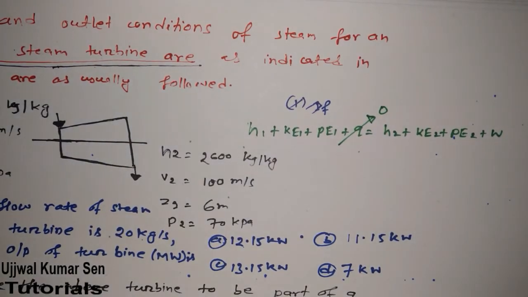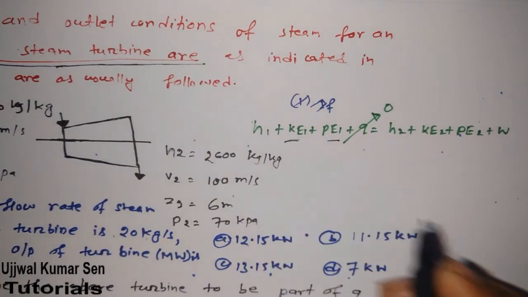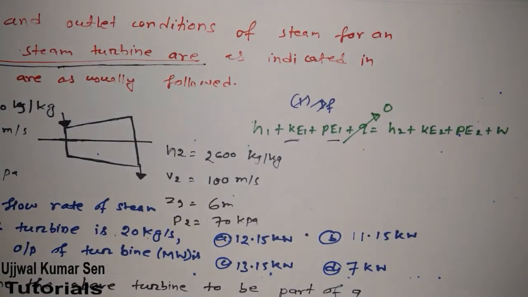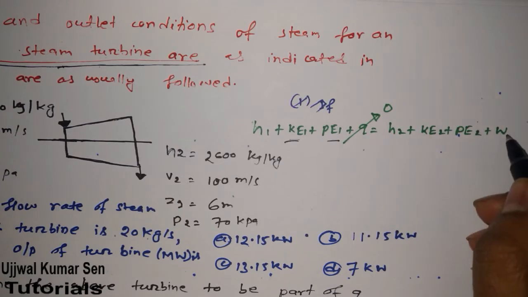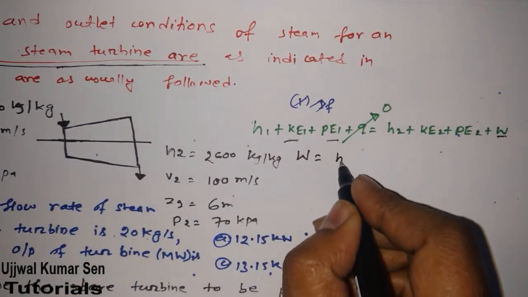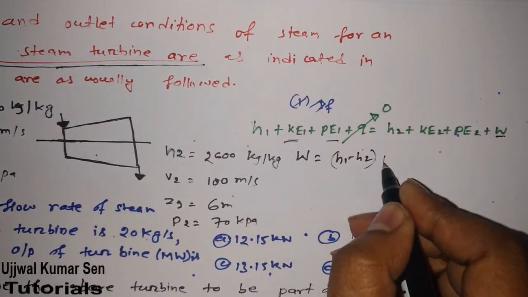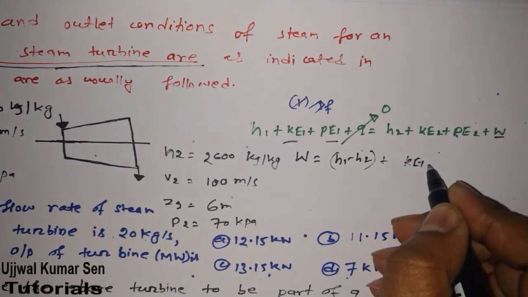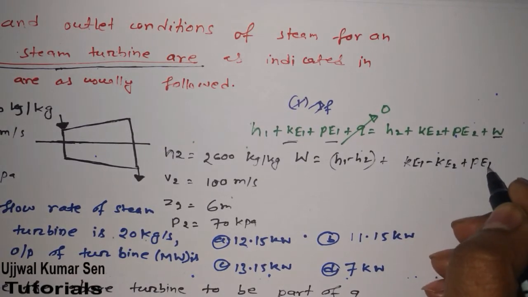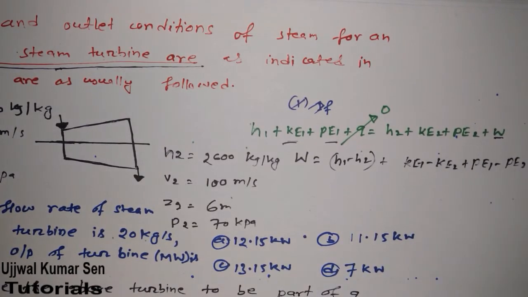Now let's see these two terms, what we have to write in their place, that is also important. Basically we have to find W, so W is equal to H1 minus H2 plus kinetic energy 1 minus kinetic energy 2 plus potential energy 1 minus potential energy 2.